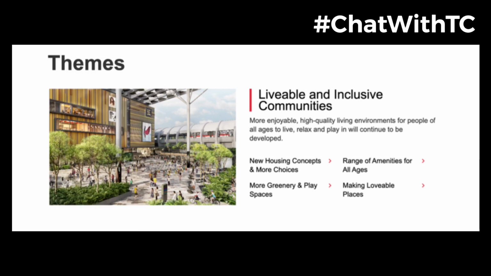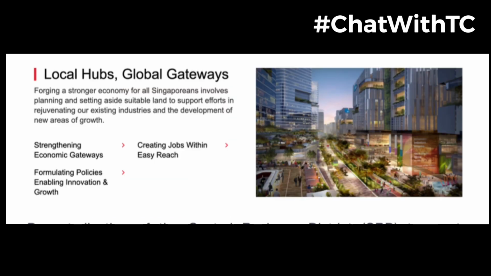The land use guide for the next 5 years is to create more livable and inclusive communities so that Singapore's residents can live, relax, and play in the same space. Besides creating more greenery and play spaces, the URA Master Plan 2019 will aim towards providing an array of housing options to suit residents' preferred lifestyles.